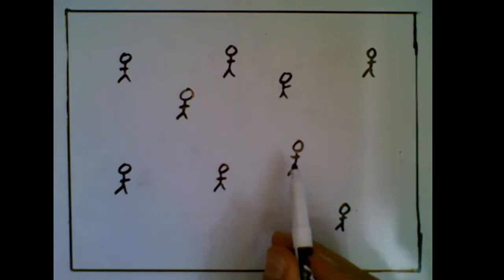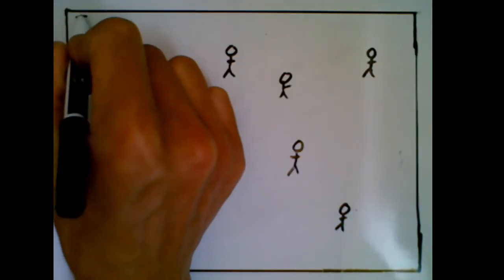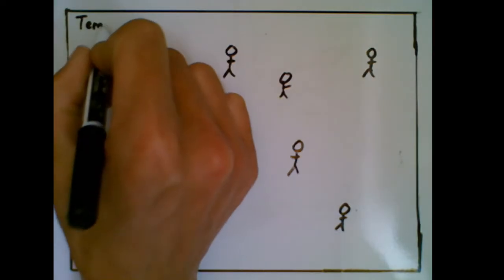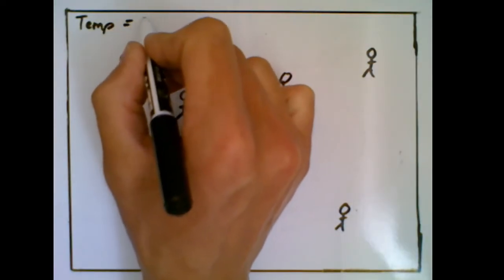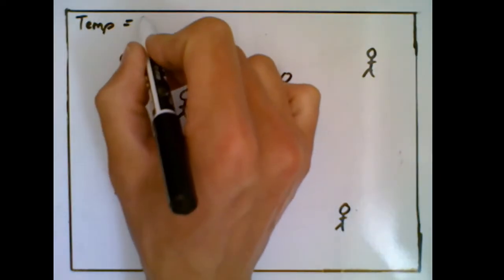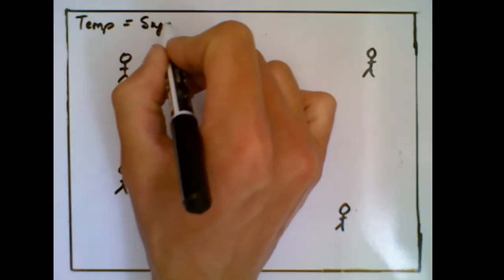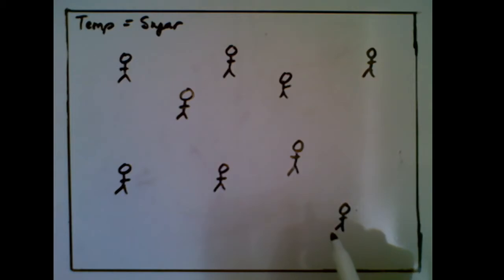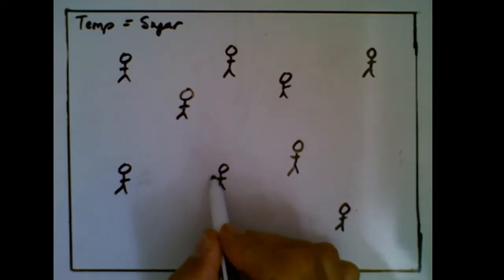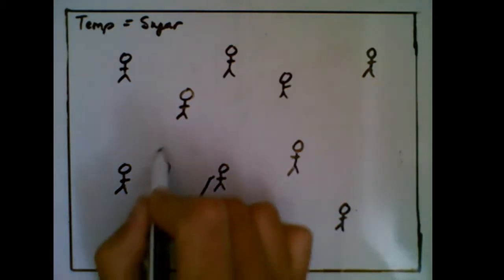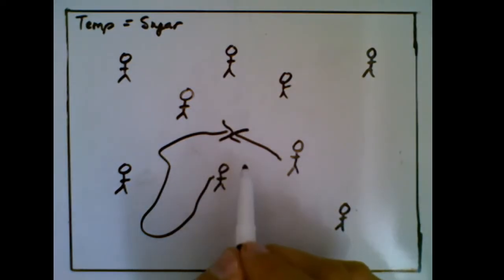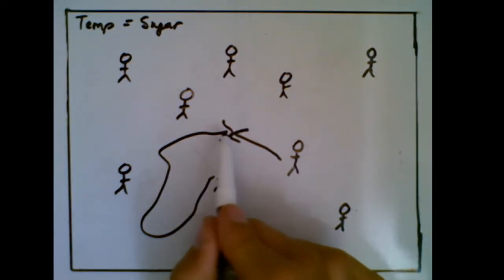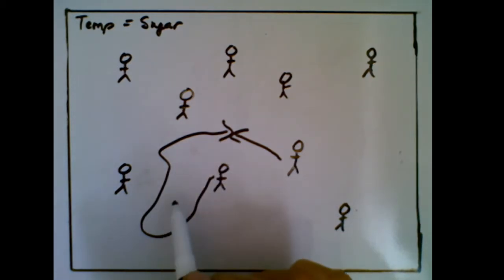I think of an increase in temperature the same as giving kindergarten age children sugar before they head into an enclosed space. They're going to be running around, moving extremely fast, and colliding more often. When they collide more often, they are actually going to collide harder because they're traveling faster.